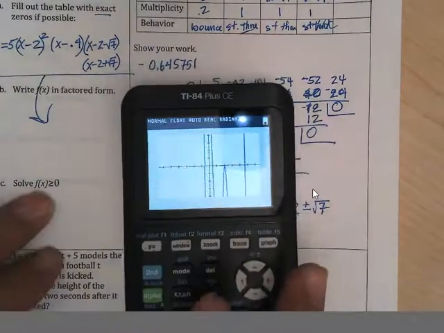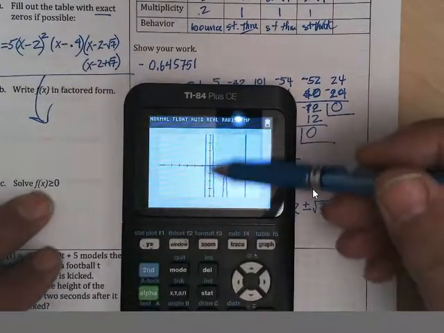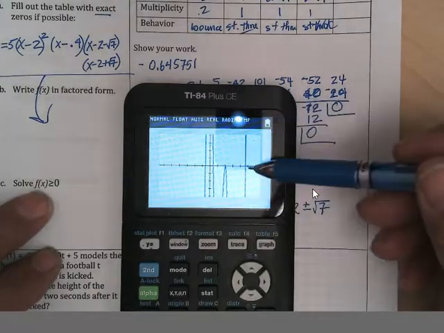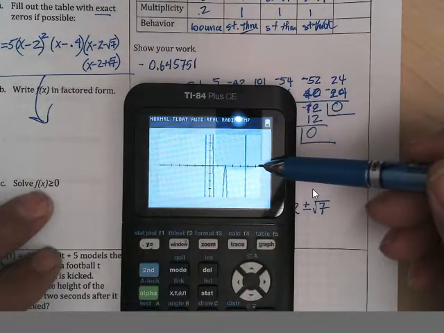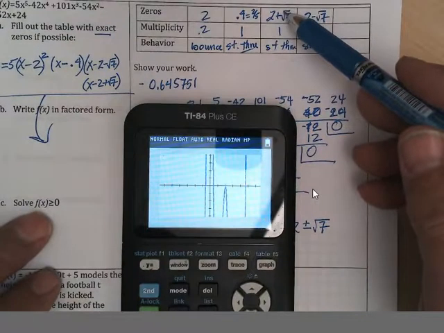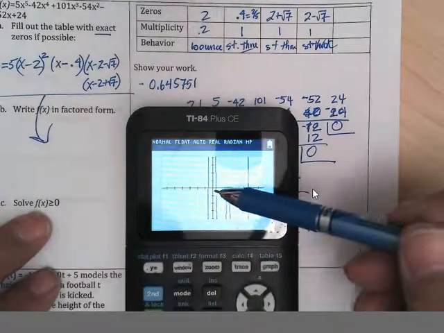when is it greater than or equal to 0? Well, this came up, went down, came up, down, and went up, so it's greater than 0 beyond this place, which is 2 plus the square root of 7, and it's greater than 0 from there to there.